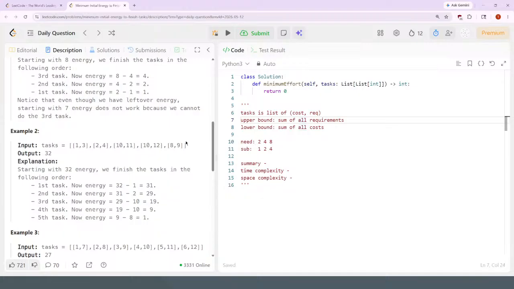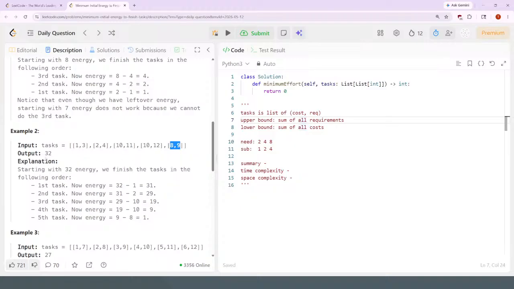Doing the task with the lowest requirements first, or even the lowest costs first. Lowest cost, lowest requirements. I guess you could have reordered this. I guess the only thing that was really required in this solution was that you did 8, 9 last. Any other ordering would have worked, assuming you started with 32 energy.